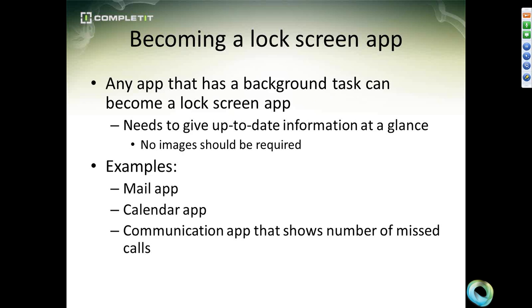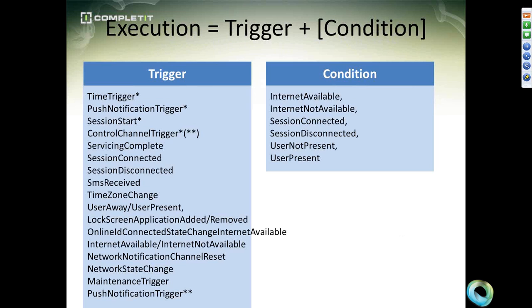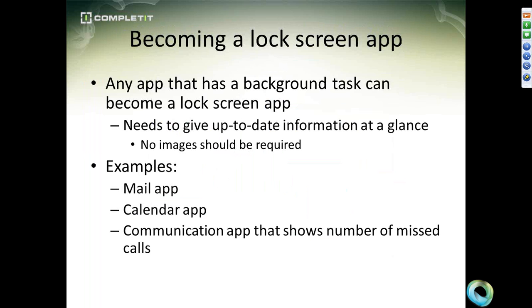Those are the apps that get more permissions on the system and can actually attach the execution of background code to a time trigger, or push notification trigger, or a control channel trigger, which is basically when they listen on a specific TCP channel for incoming messages, and then they can also react to that.